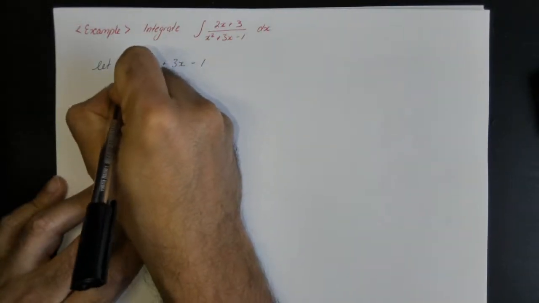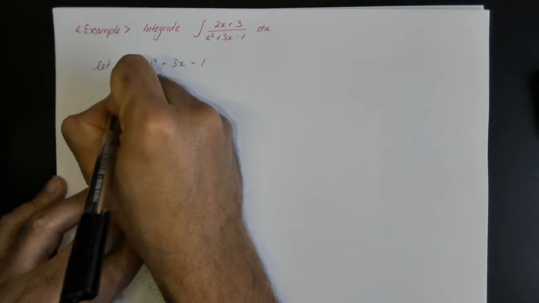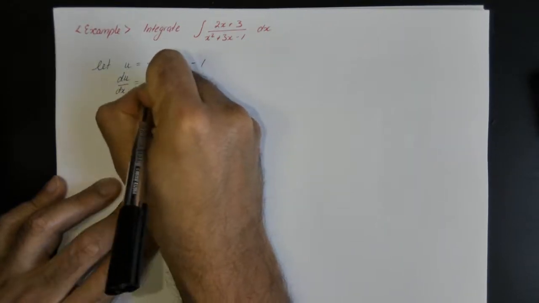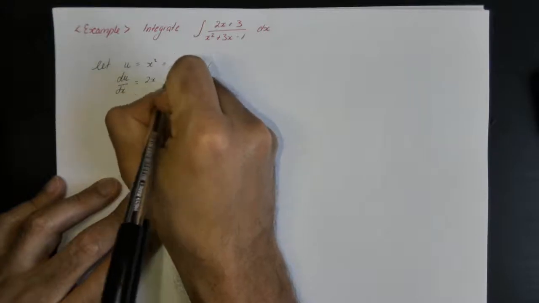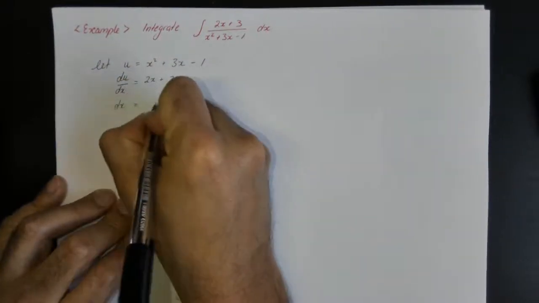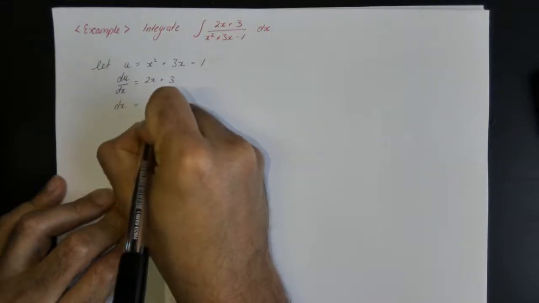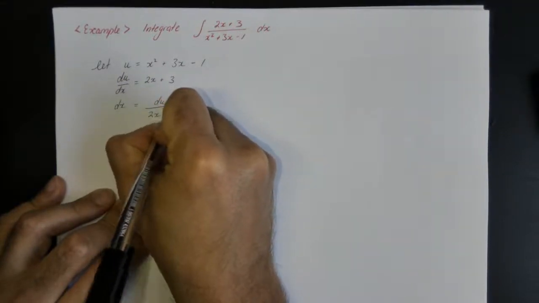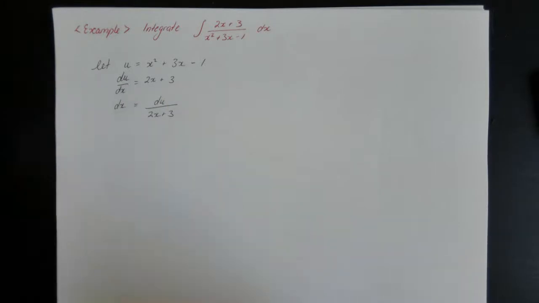I differentiate that. Gives me 2x plus 3. So dx is technically du over 2x plus 3. Okay, so that's what I do first.